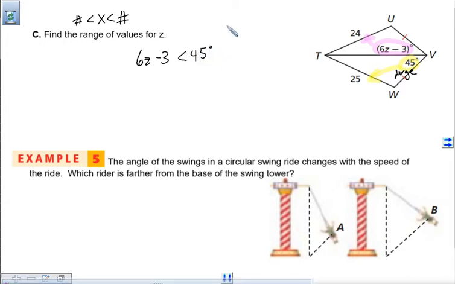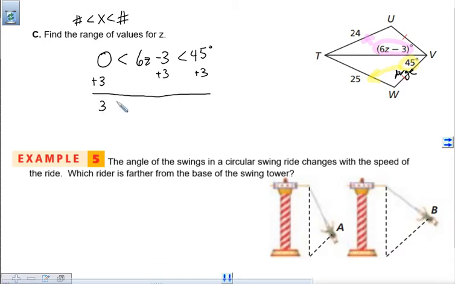So this sets us up to find our upper value. We need to find our lower value at the same time. Every time, the left-hand side is going to be 0, because in order to be a side or an angle, it has to be greater than 0. Then we're going to solve like we would any other problem. We're going to add 3 to all of the different parts.